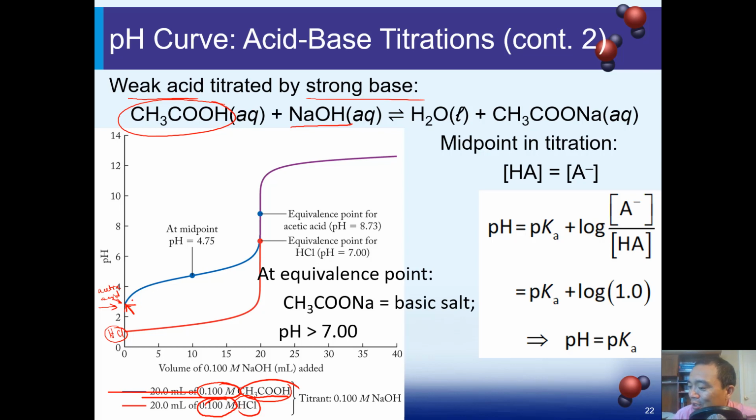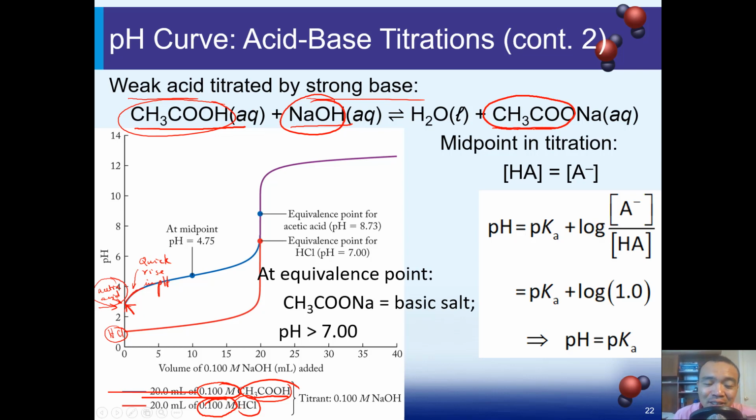The pH initially, you see the quick rise, you see that? The pH actually increases sharply. Remember, when you have the acid to begin with and you add NaOH to it, a small amount of the acid is consumed. At the same time, it generates a small amount of conjugate base.